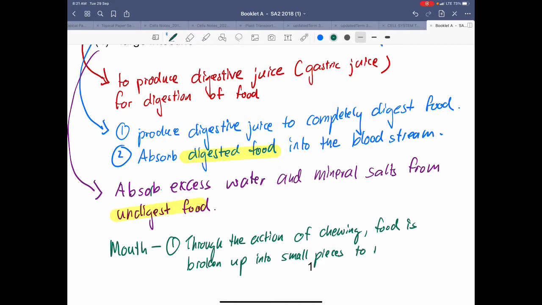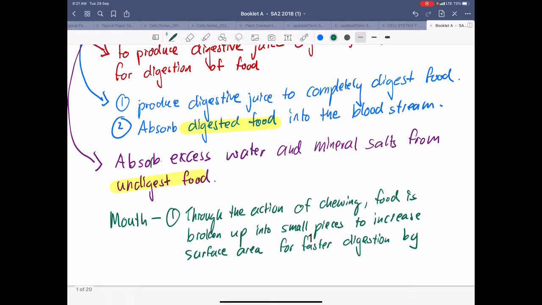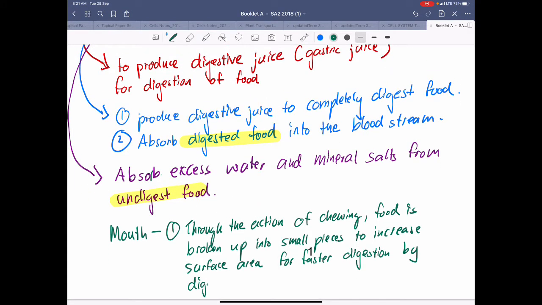Breaking up food increases surface area for faster digestion by digestive juice. You all don't have to write so big. I write so big so that you all can see. Okay.